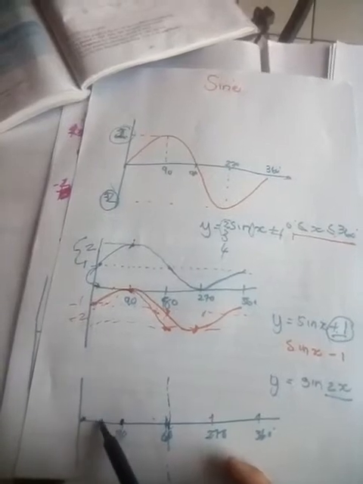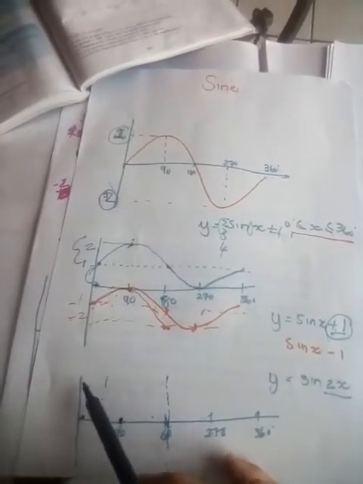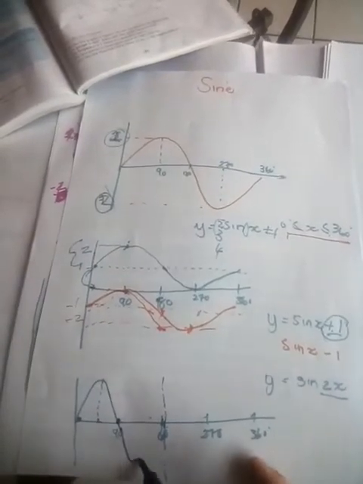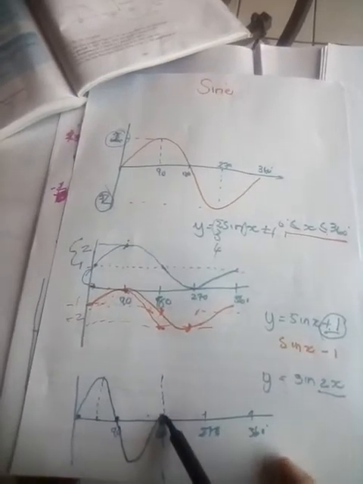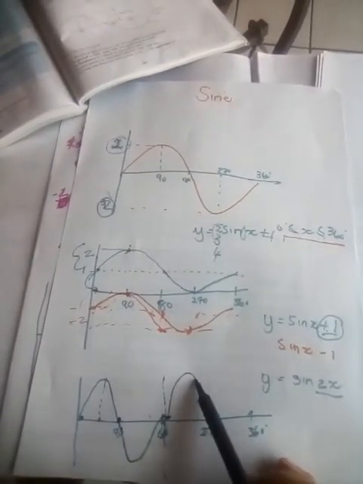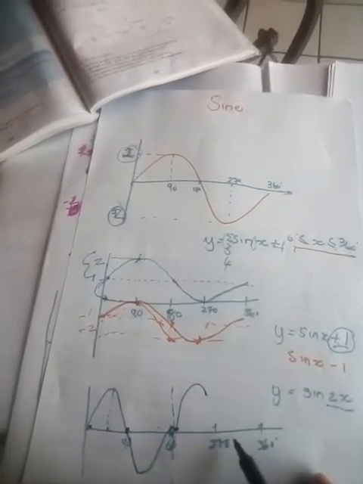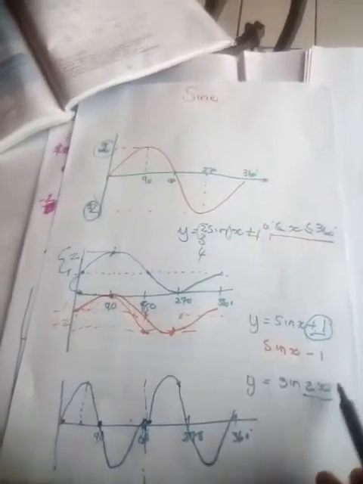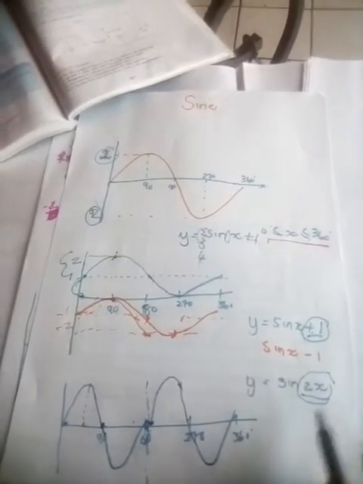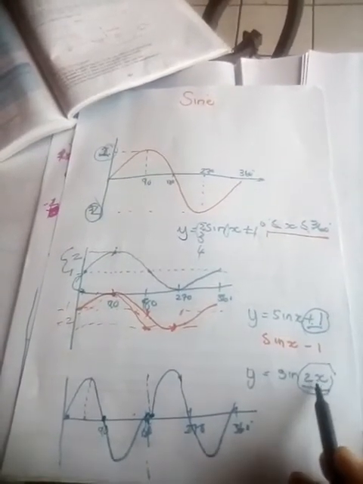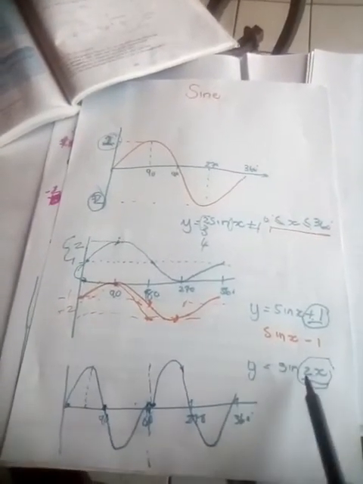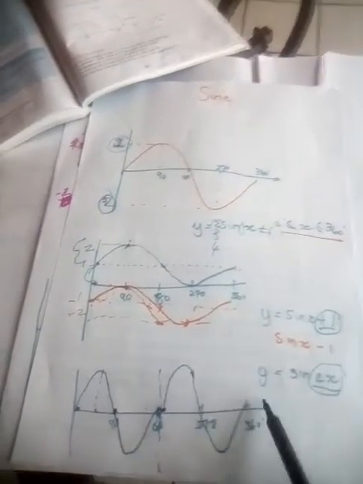Half of that will go up, down, and there. Then the other one will start that, down, and up. That's the effect of 2x. Take the period 360 divided by 2, and then you get 2 waves. With 3x, you will have 3 of that, and so on.